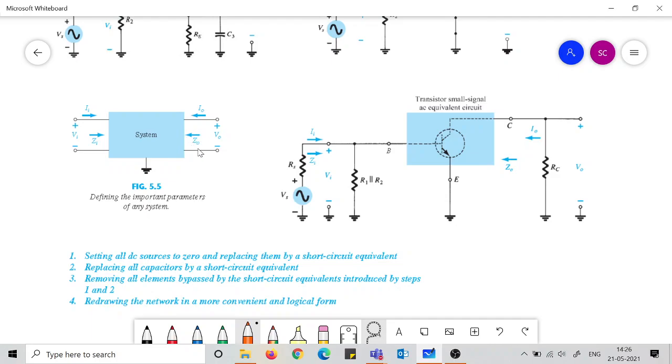So we are trying to define the impedances as positive. That's why we have to make the currents go into the system if we established a polarity of Vi and V0 in this manner. So all these are in definition. In actual, you may find that V0 is negative. V0 negative means when Vi is having this polarity, V0 is having opposite polarity.